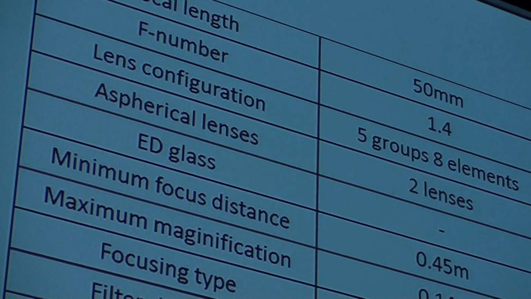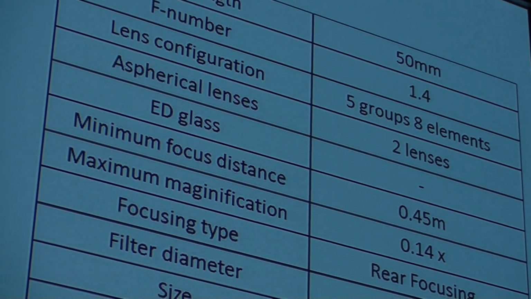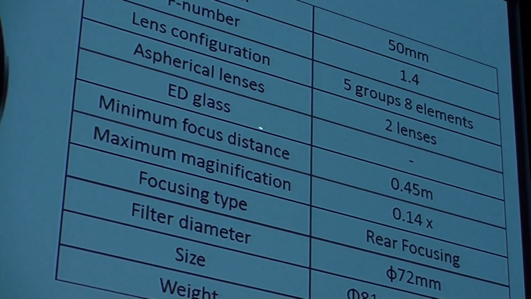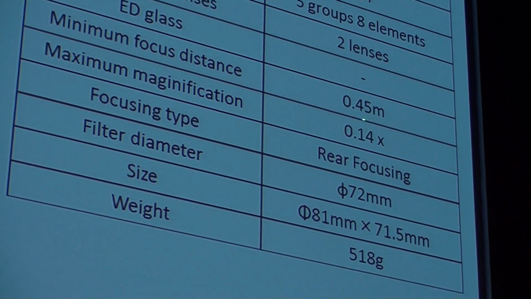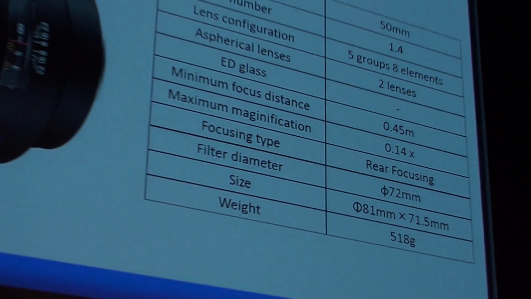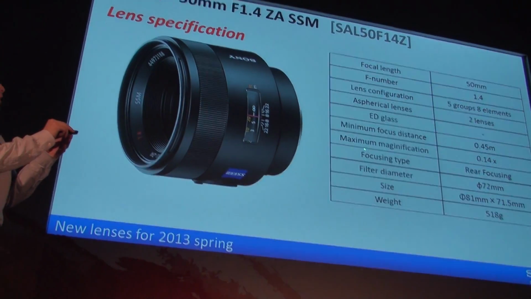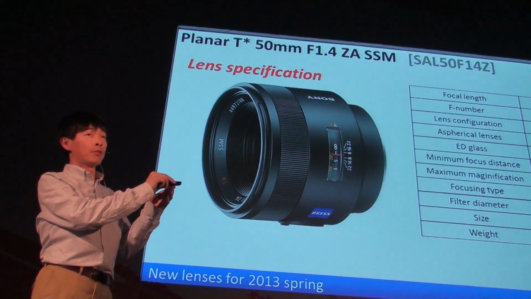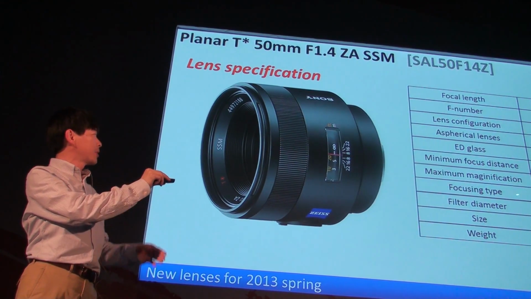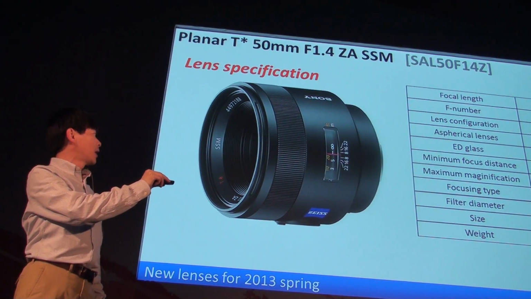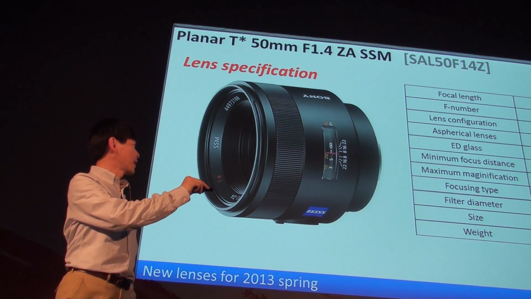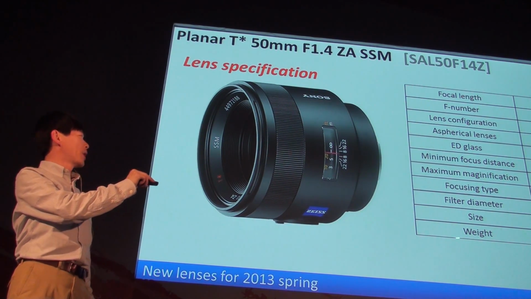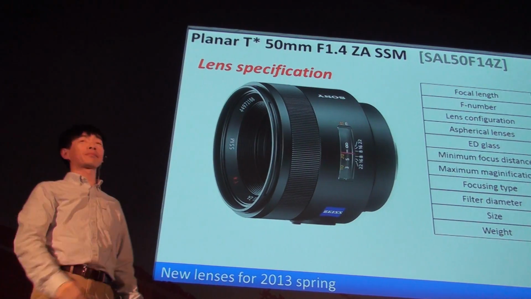And there are two aspherical lenses, not including the ED glass. And the minimum focus distance is 0.45. And the maximum magnification is 0.14. And the focusing type is rear focusing. And the diameter is 72. And the size is like this. And the weight is shown here.